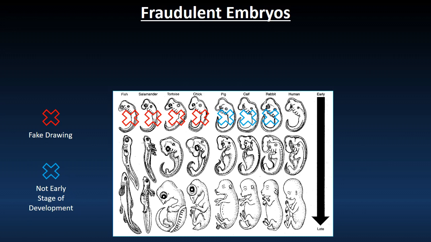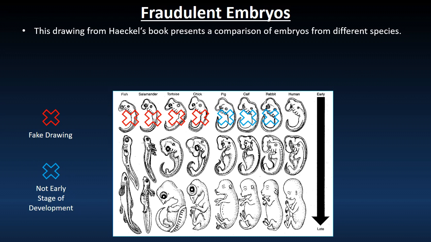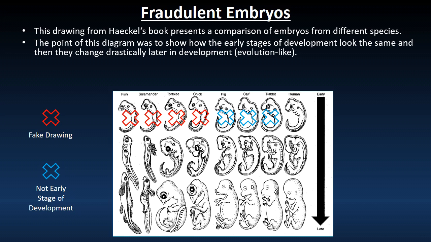In the same book, he had fraudulent embryos. So this drawing is from Haeckel's book, and it presents a comparison of embryos from different species: fish, salamander, tortoise, chick, pig, calf, rabbit, and a human at the far right. The point of this diagram was to show that the early stages of development all look the same, and then they drastically change as the development proceeds, to show almost a micro-evolution taking place within the birth process.